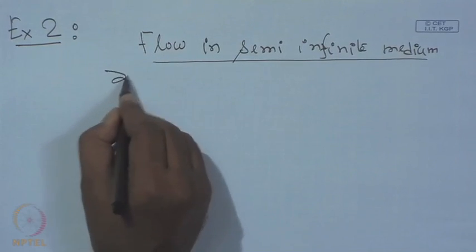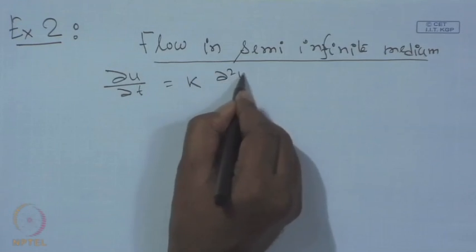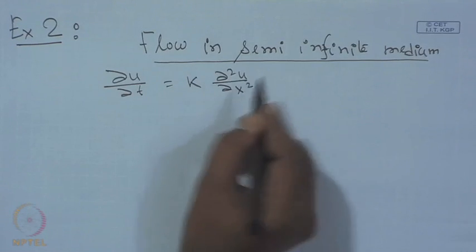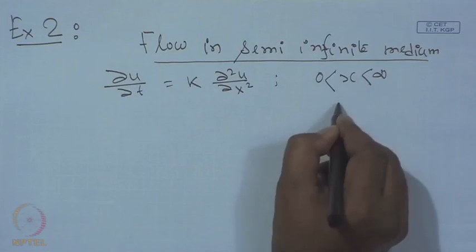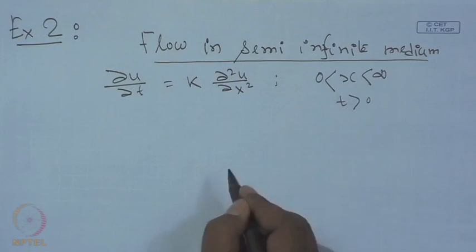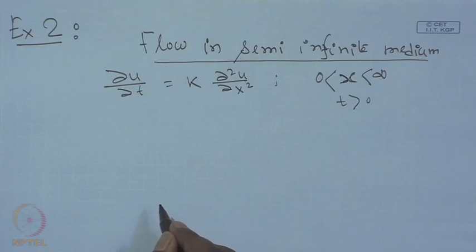So, del u del t is equal to k del square u del x square, where the domain x lies between 0 to infinity and t greater than 0. Okay. So, this is the problem.